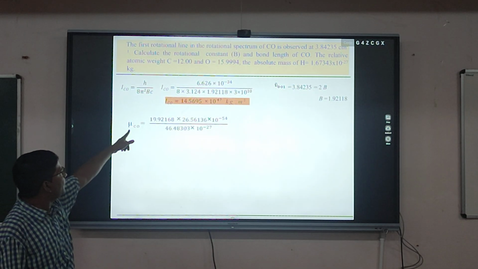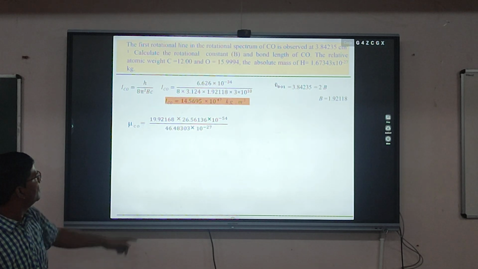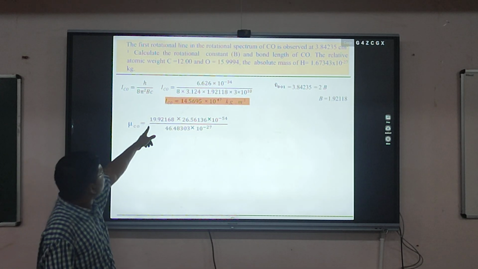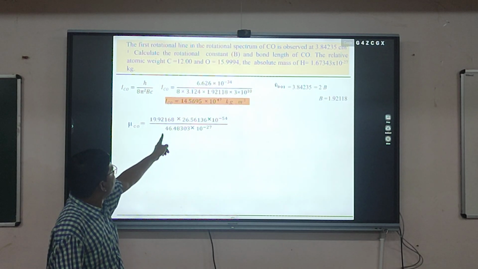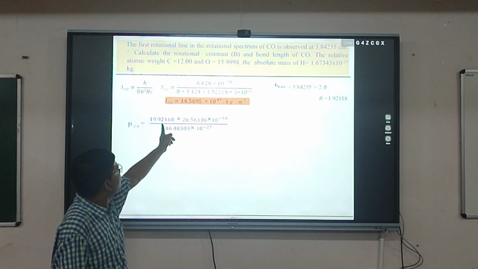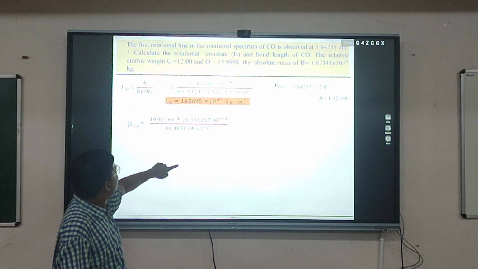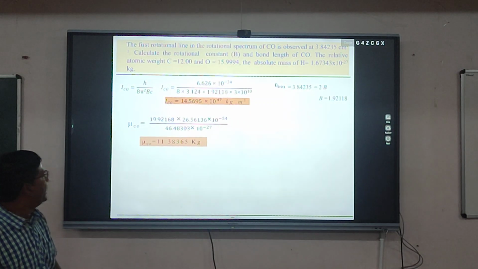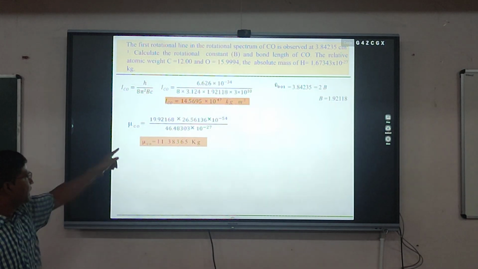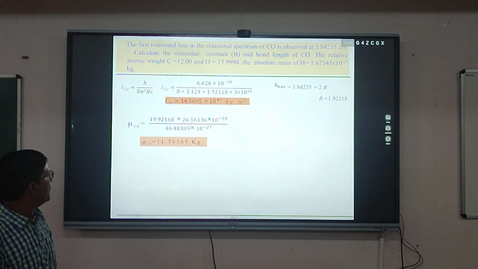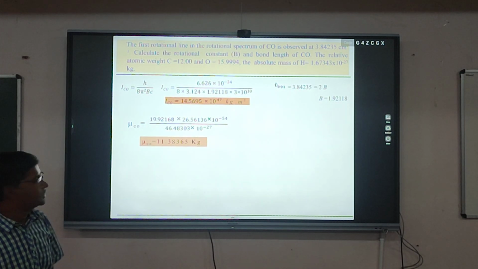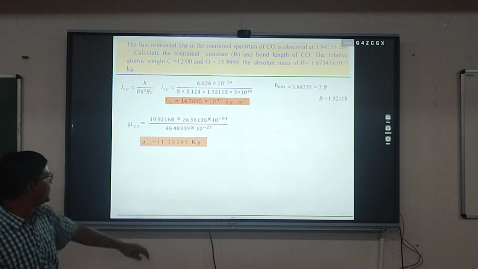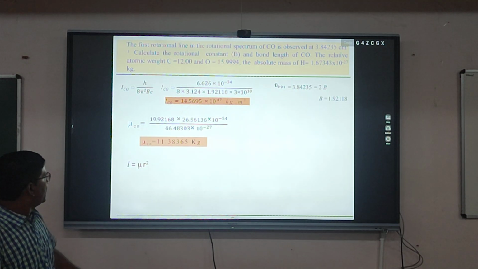Now we will calculate the reduced mass: m1 m2 divided by m1 plus m2. If we solve, we get the reduced mass for carbon monoxide as 11.38365 × 10^-27 kg.